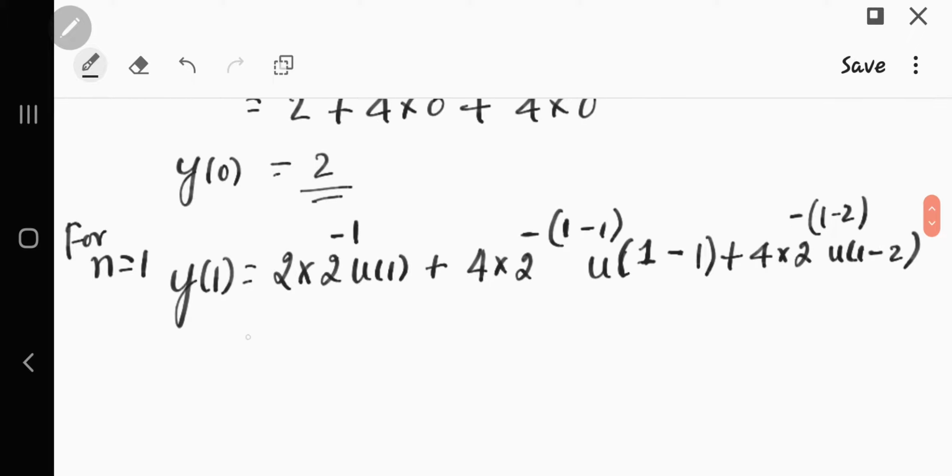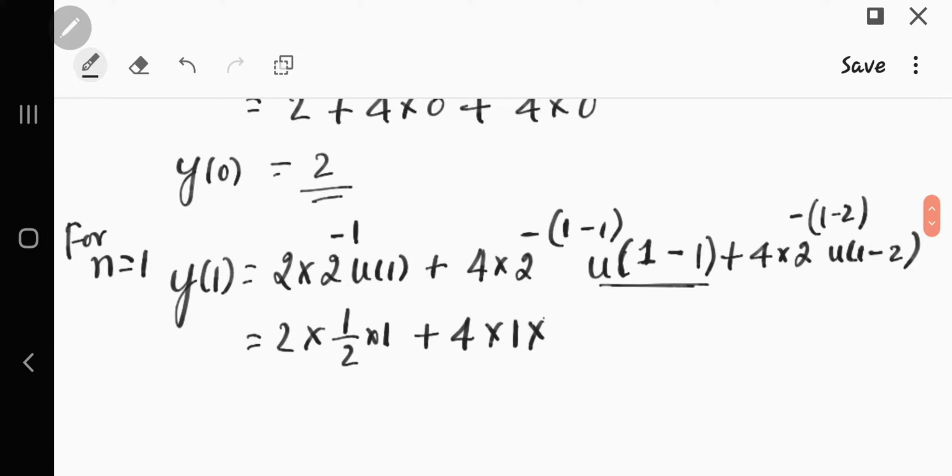So if you simplify this, you will get 2 into, this is 1 inverse, that I will write as 1 by 2, and u of 1 is there. So for positive values of n, u of n is 1, so that will be 1 here, plus 4 into, so 2 to the power of 1 minus 1 is 0, so 2 power 0 is 1, into u of 1 minus 1, that is u of 0.